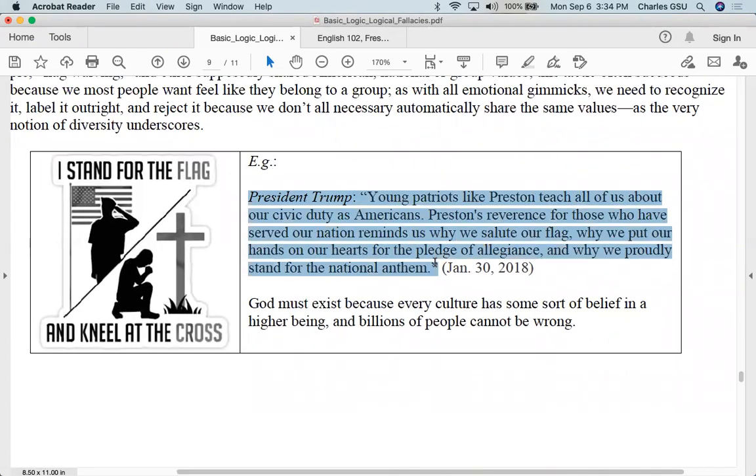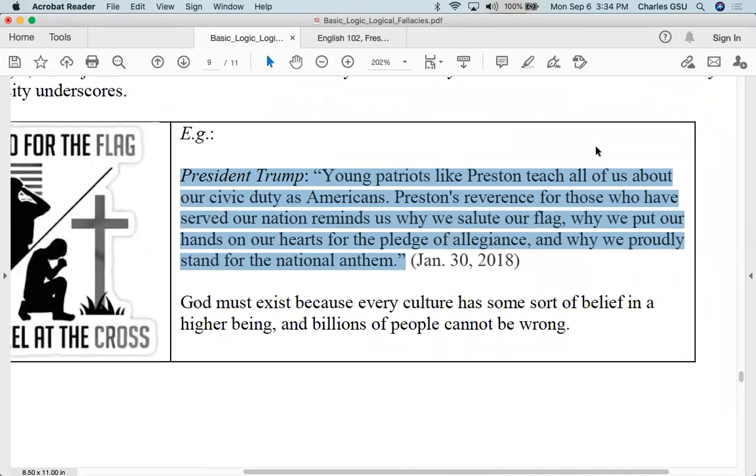This is a quote from the former president. So he brought this young white kid, Preston, to the White House and kind of paraded him around. And he said, "Young patriots like Preston teach all of us about our civic duty as Americans.